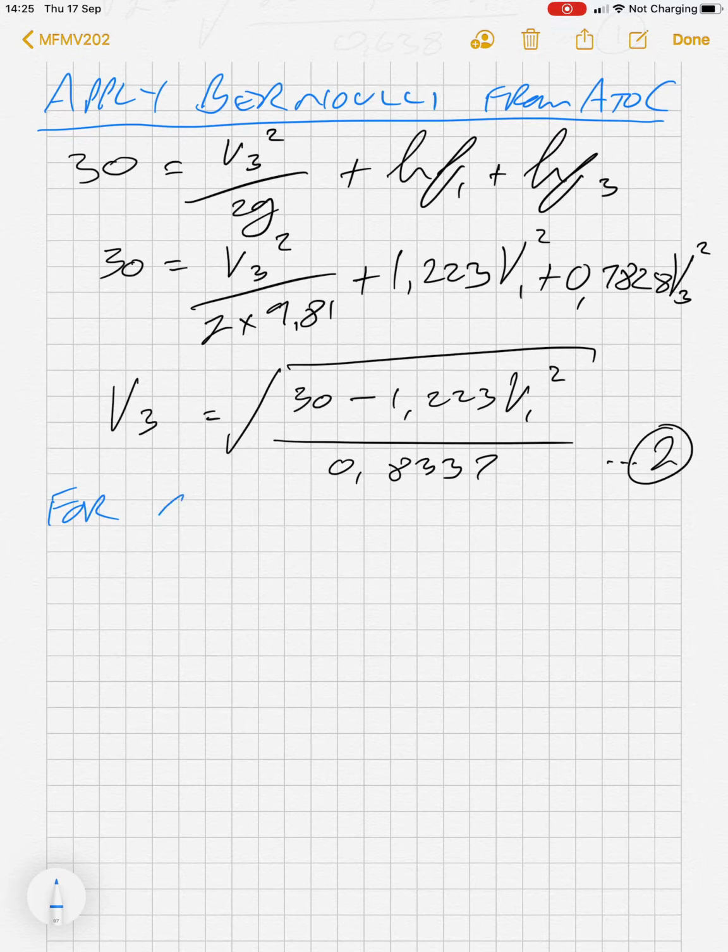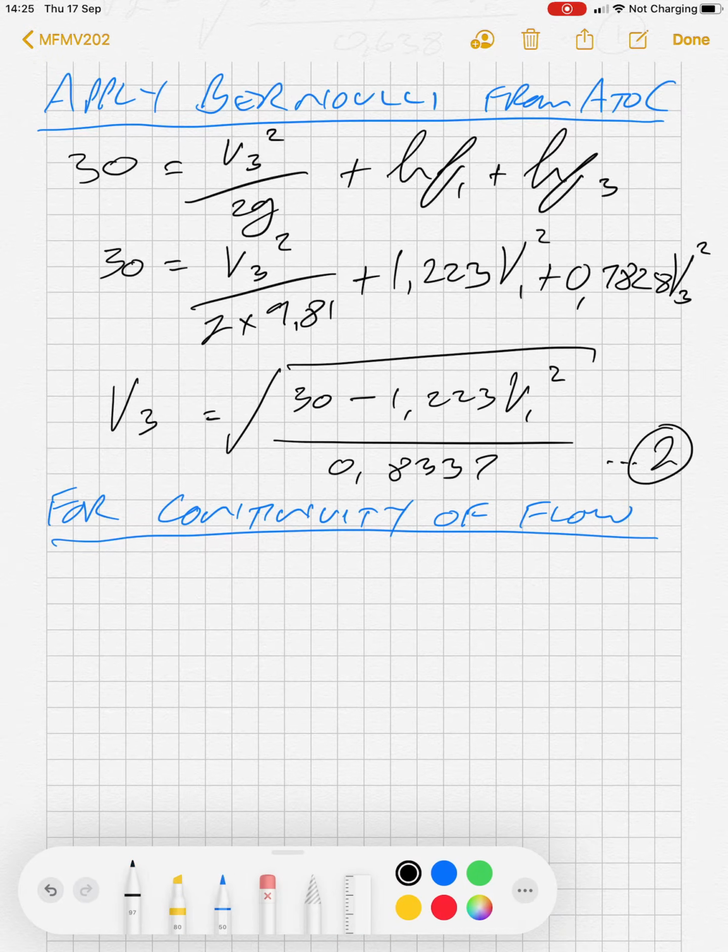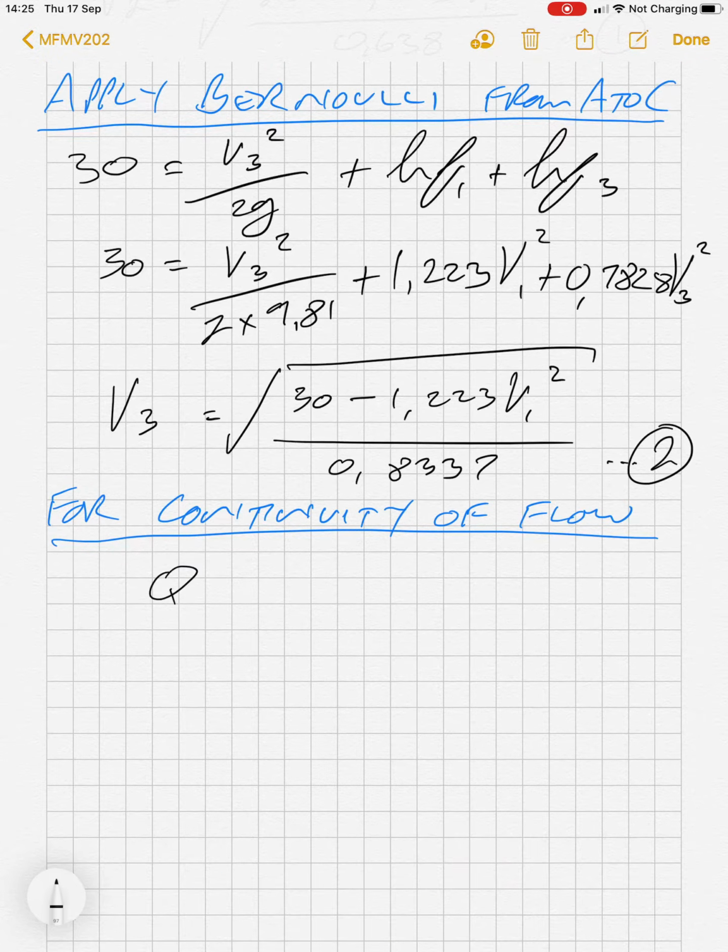And for continuity of flow, Q1 equals Q2 plus Q3.